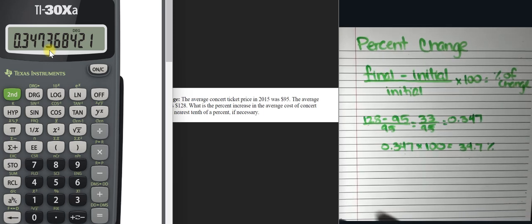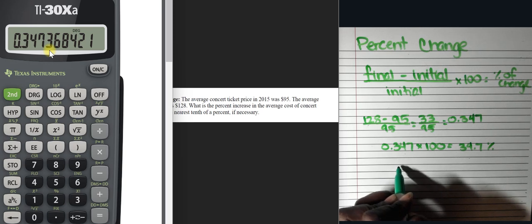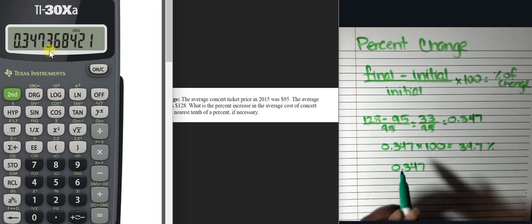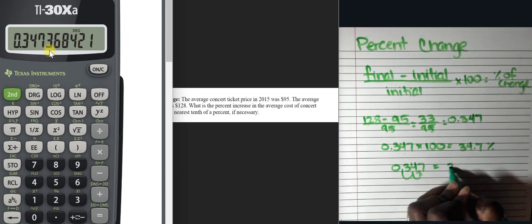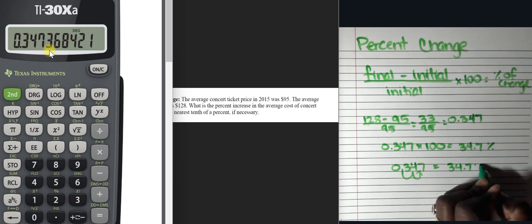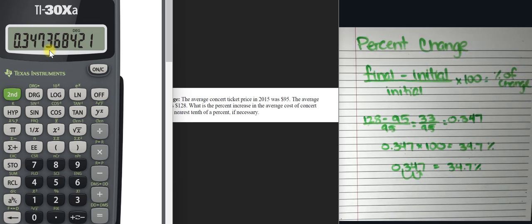The other thing that you could do is the way that I prefer, which is 0.347. I just shift them. So 1, 2. So remember, percent means 100. So my decimal now sits between the 4 and the 7. So when I rewrite that, 34.7, and then you add your percent sign. Either way, you're going to come out with the right answer. So the correct answer is 34.7%.